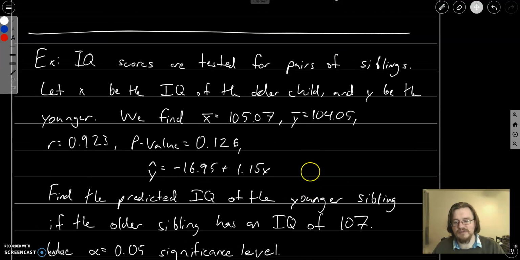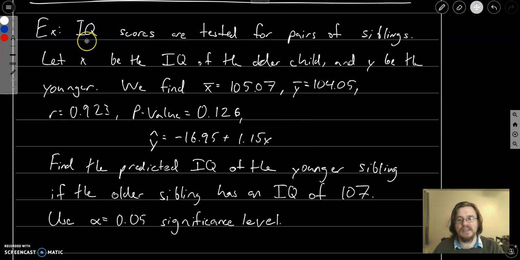In the next example, we're looking at IQ scores for pairs of siblings. So we'll say that X is going to be the IQ of the older sibling and Y the younger sibling. The average IQ for the older siblings is 105.07.